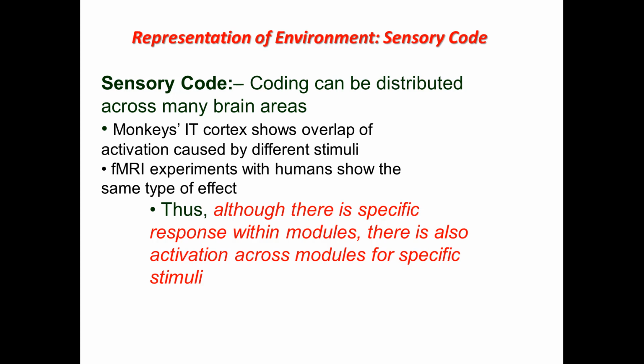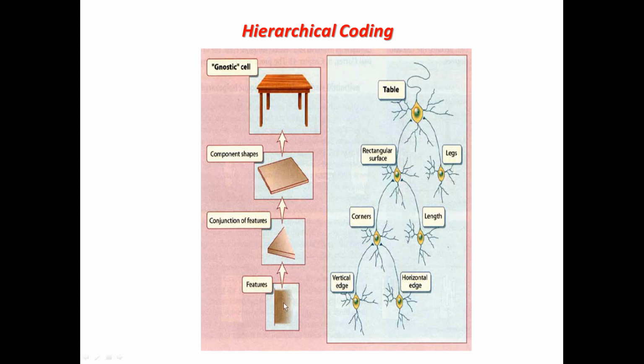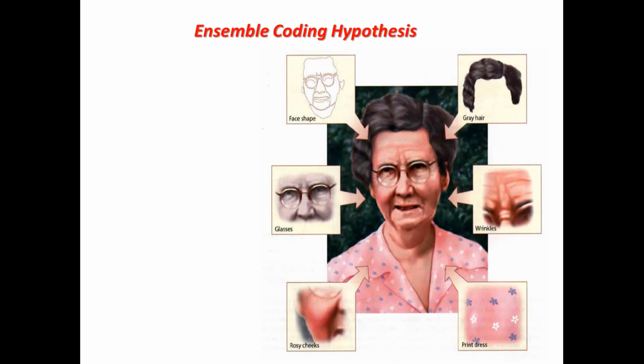So coding can be distributed across many brain areas. While a lot of coding is hierarchical, going from features to more complex forms or aspects of that object, we also see ensemble coding. And the idea here is that populations of neurons together code for different attributes or different aspects of the stimulus. And this entire population together then codes for this one person or this one image.